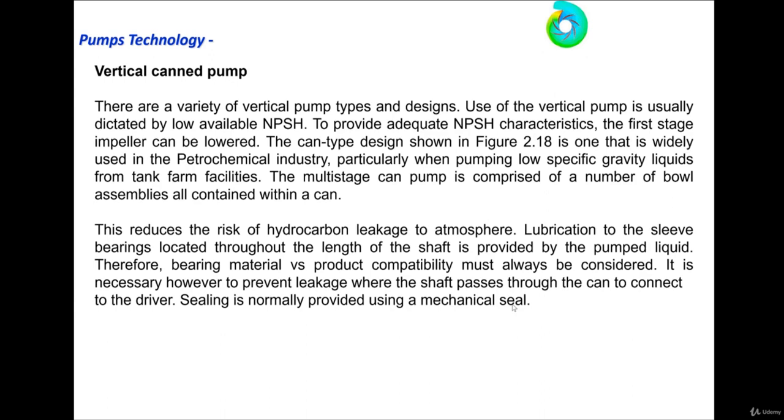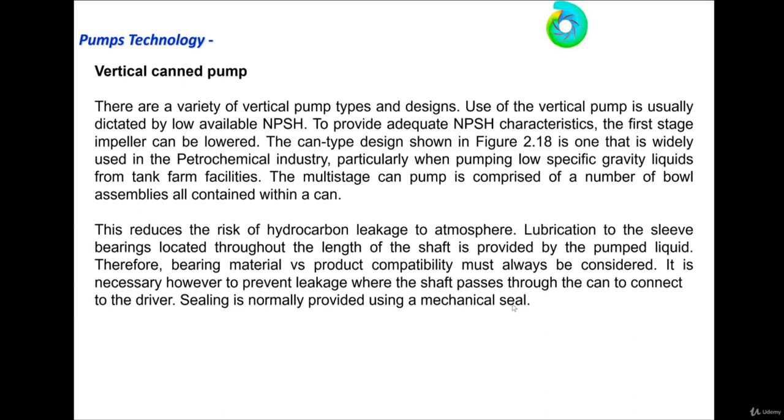Okay, the first stage impeller can be lowered. The can type design is one of those widely used in the petrochemical industry in vertical pump applications, particularly when pumping low specific gravity liquids from the tank farm facilities.